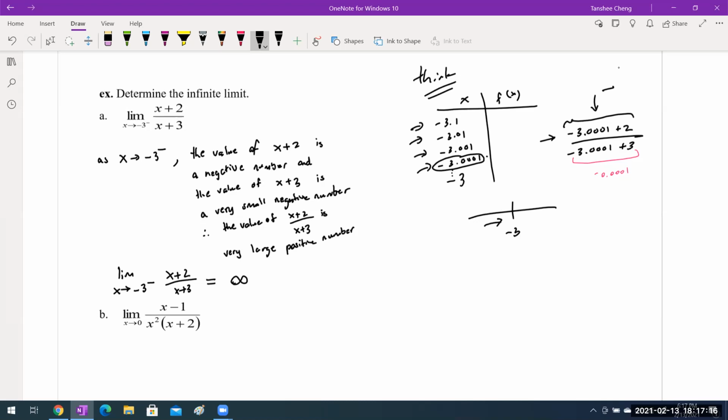But the outcome will automatically be seen to be larger and larger positive values. So in this case, the limit will be positive infinity.